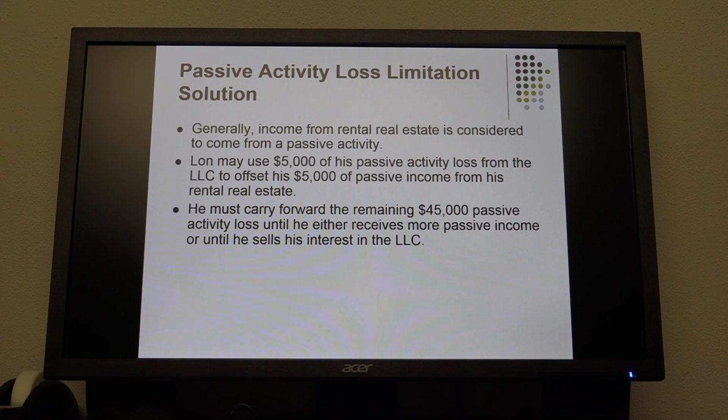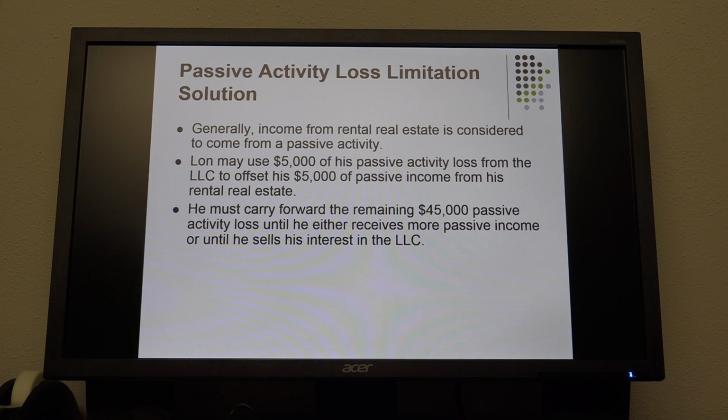So because he didn't meet all three requirements for the LLC loss, none of that $50,000 is deductible except against other passive income or passive income in the future from his interest in the LLC.